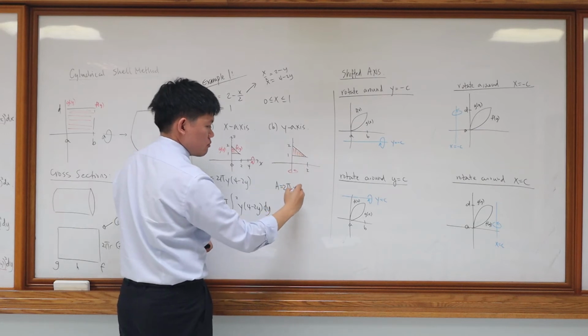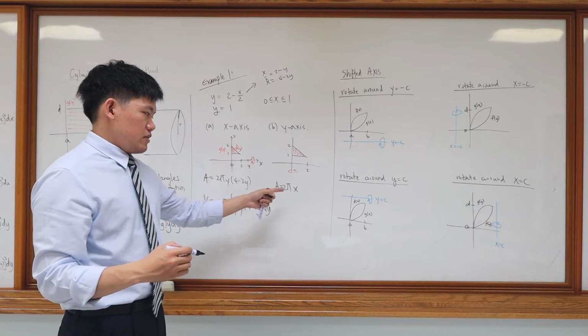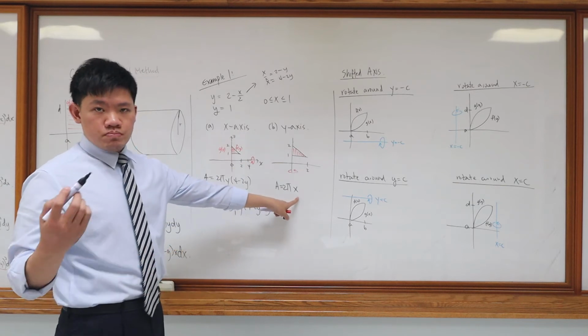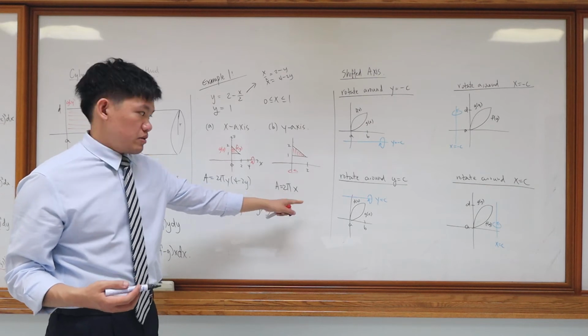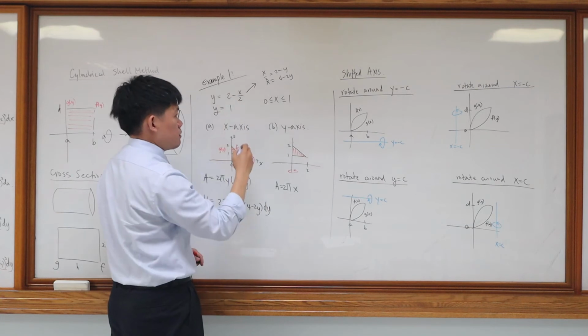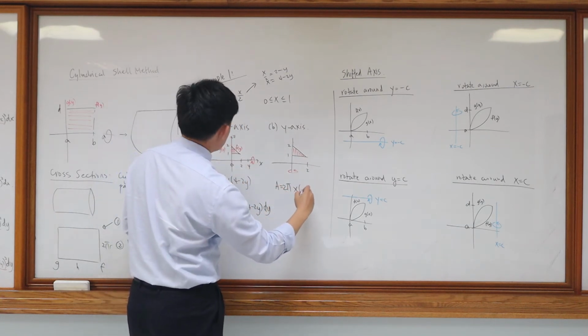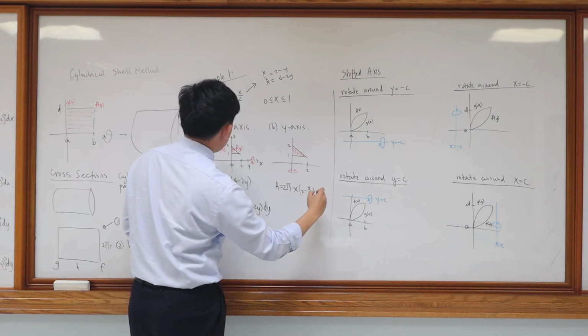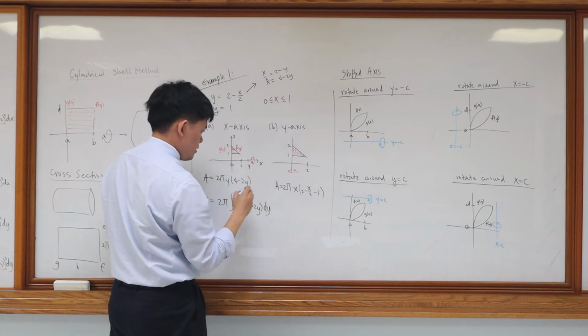So that means it's going to be dependent on x, which is, again, parallel to the axis of my rotation. And then my top function minus my bottom function. My top function is given by 2 minus x over 2, and my bottom function is 1. In that case, you have 2 minus x over 2 minus 1.